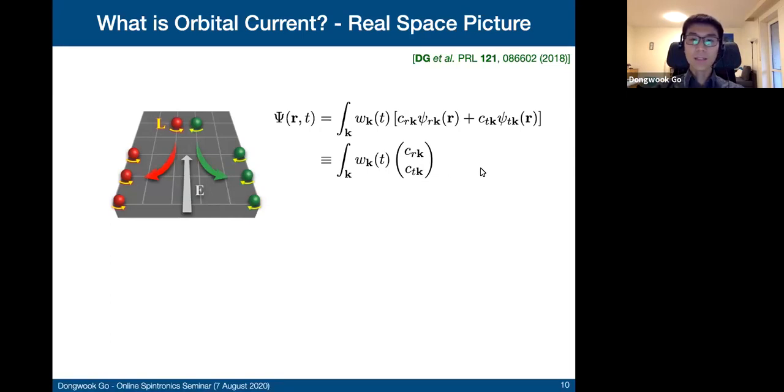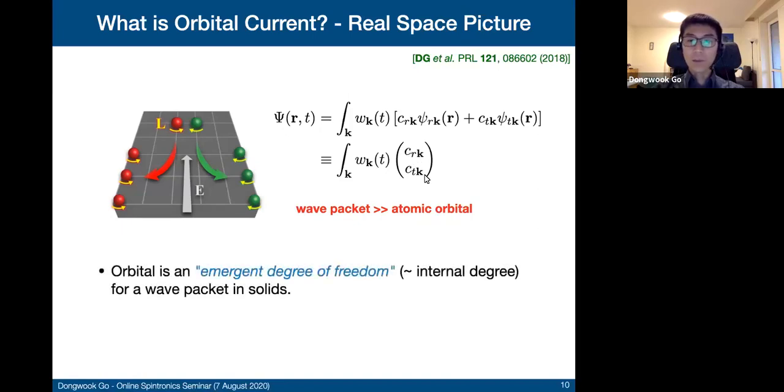And we can understand this like this. The size of the wave packet is much larger than the atomic orbital size. It means that for the wave packet, the information of the orbital, that is these coefficients CR and CT, acts like an internal degree of freedom. So this is an example of an emergent degree of freedom. It means that the orbital degree of freedom is not a fundamental degree of freedom for a free electron. Spin is a fundamental degree, but orbital is not.